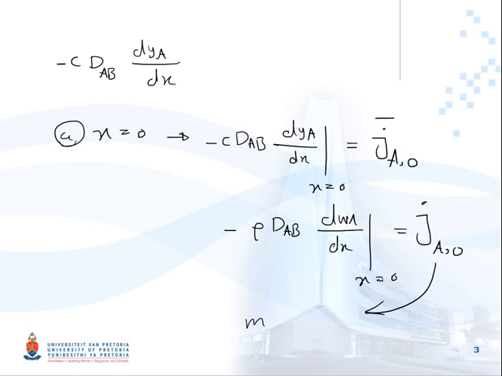We call this one mass flux. We call this one mole flux. So basically two different ways of showing it. One is mass based and the other one is mole based. If you remember, what was Y?